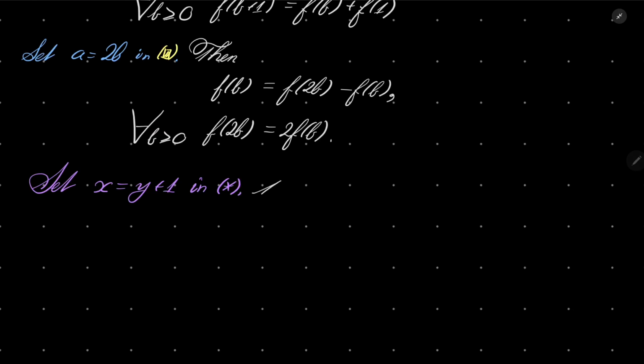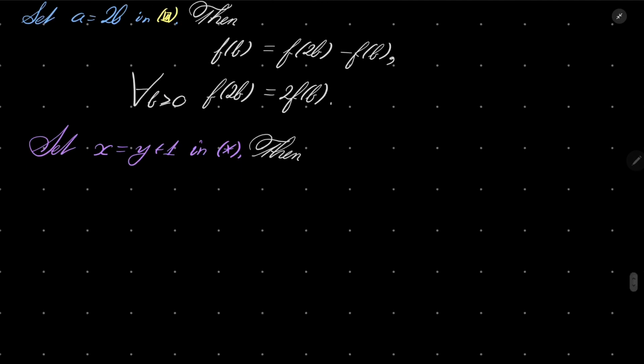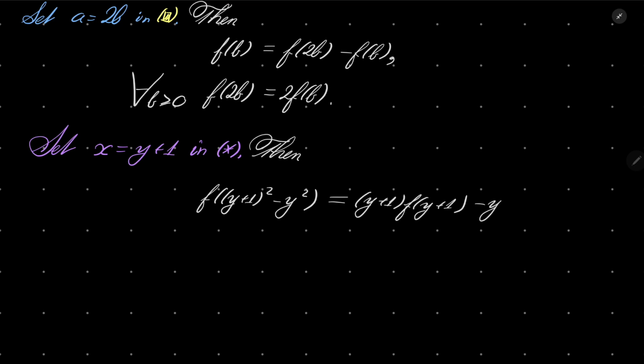Then we have the following: f of y plus 1 squared minus y squared equals f of y plus 1, times f of y plus 1, minus y times f of y.